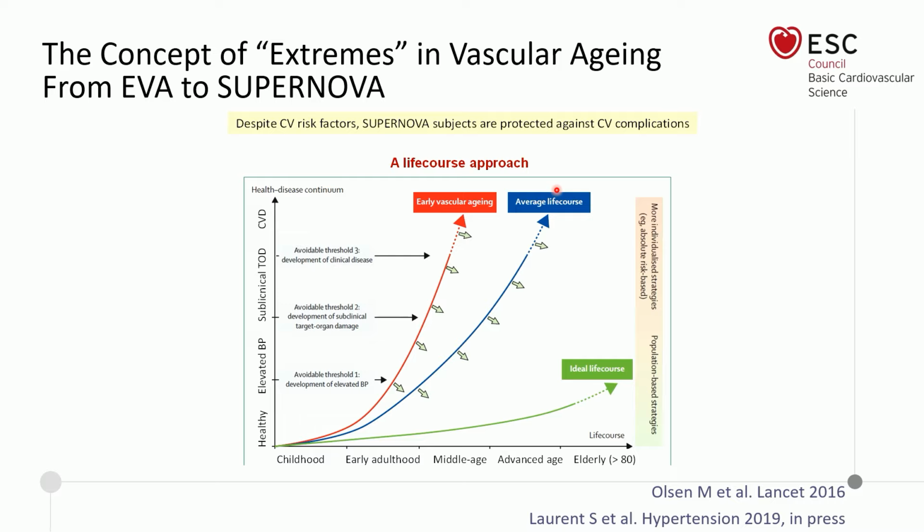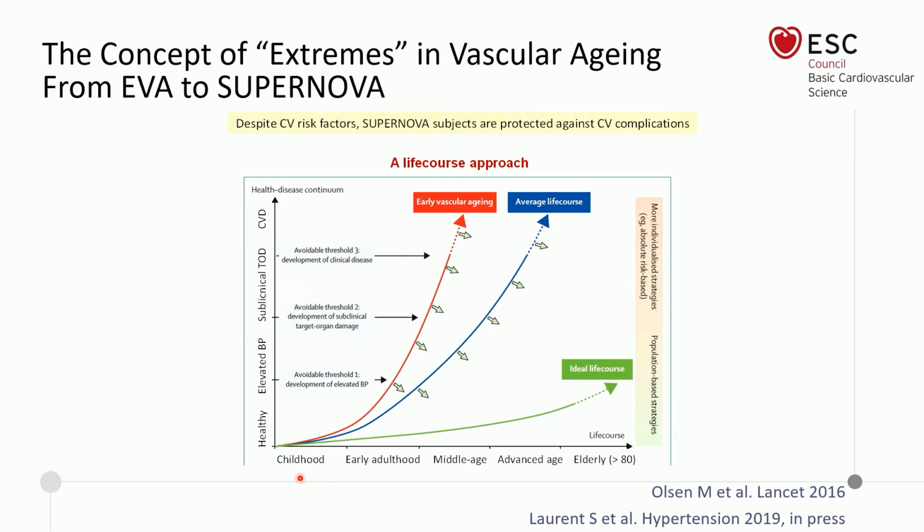In this schematic, you can observe the normal life course of aging between childhood, early adult, middle age, advanced age, and the very old. And here, healthy conditions, elevated blood pressure, subclinical target organ damage, and cardiovascular disease.